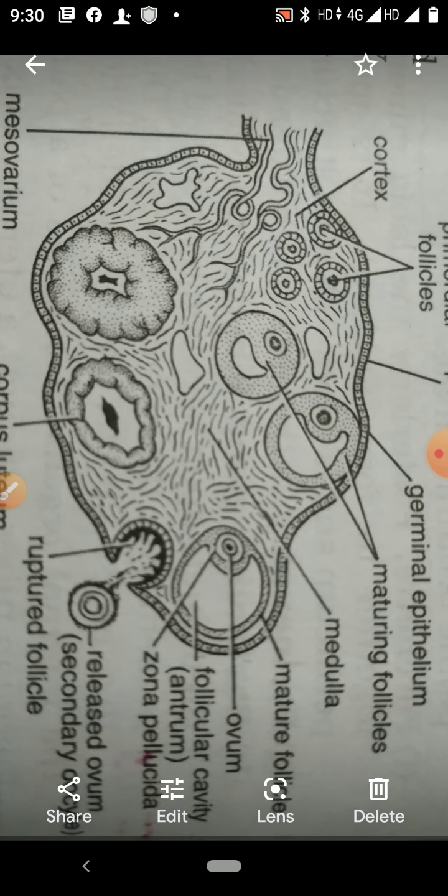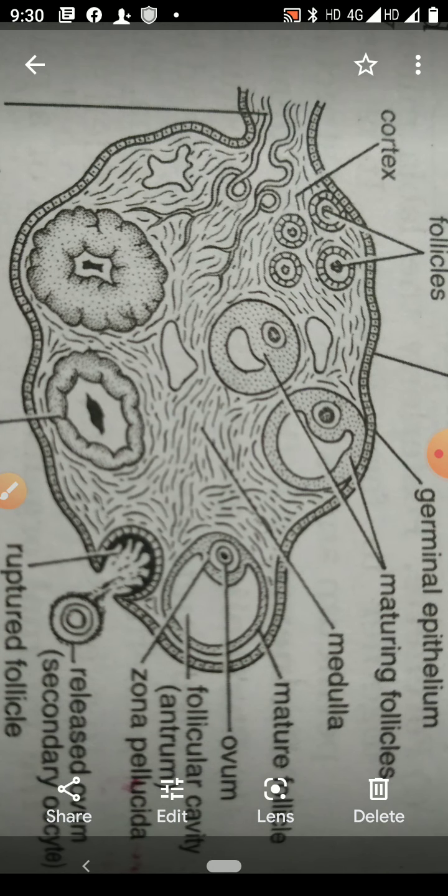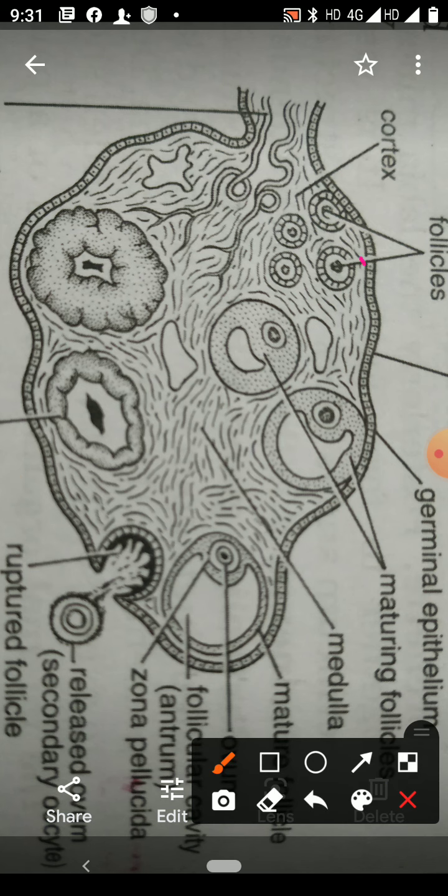See, this is the structure of the ovary. In this you can see this ovary is enclosed by tunica albuginea, and there is germinal epithelium. So this is the germinal epithelial tissue.